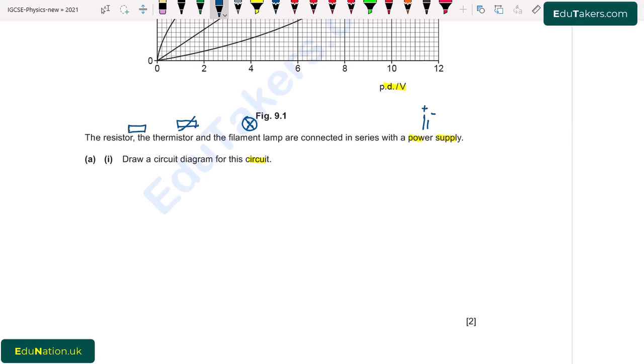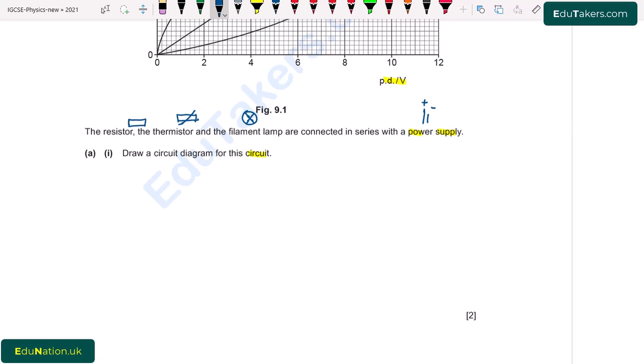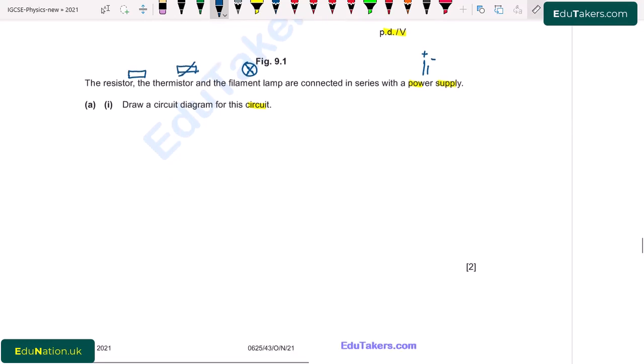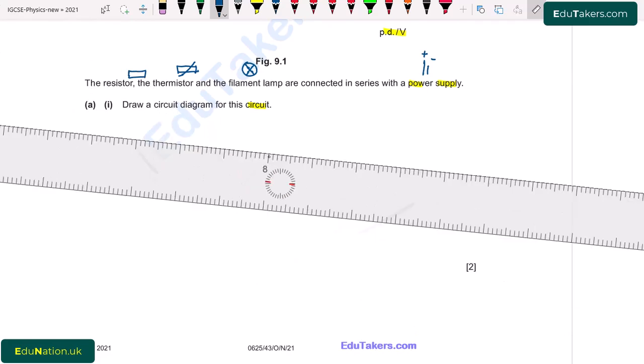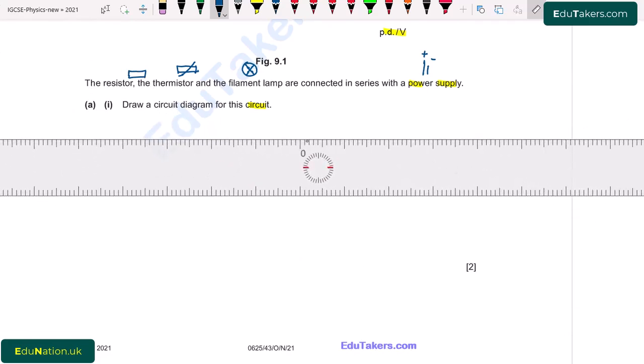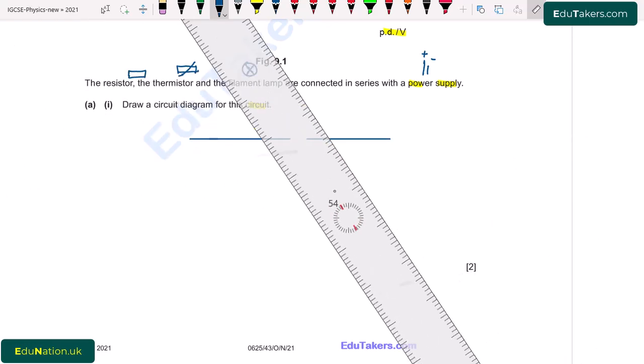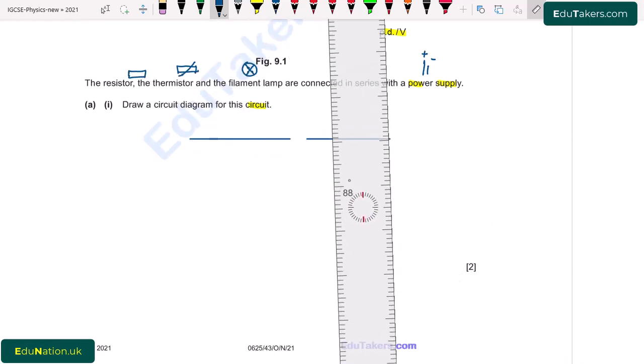Now we are going to draw the circuit for this. So all of these are connected in series.